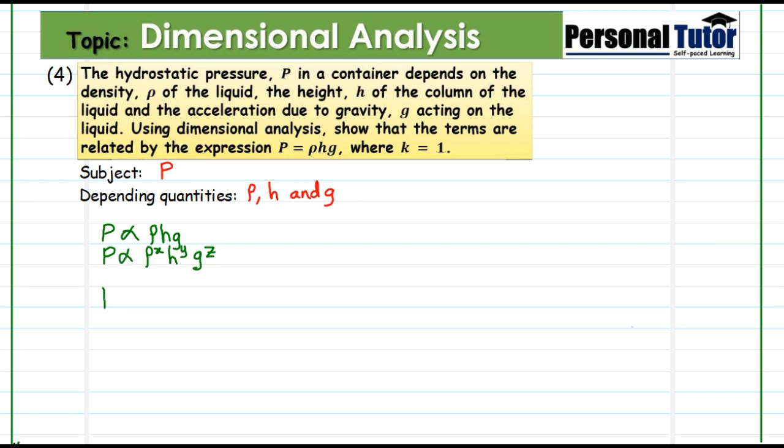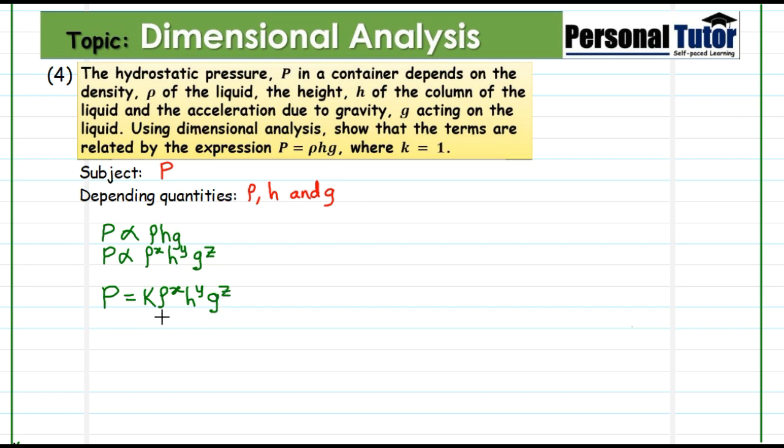So P is now equal to K, then rho to the power S, h to the power Y, g to the power Z.